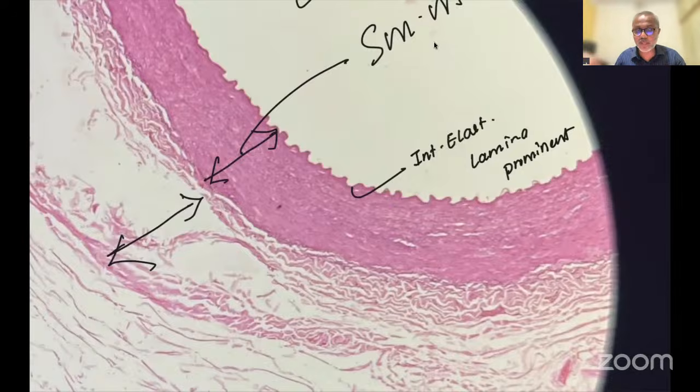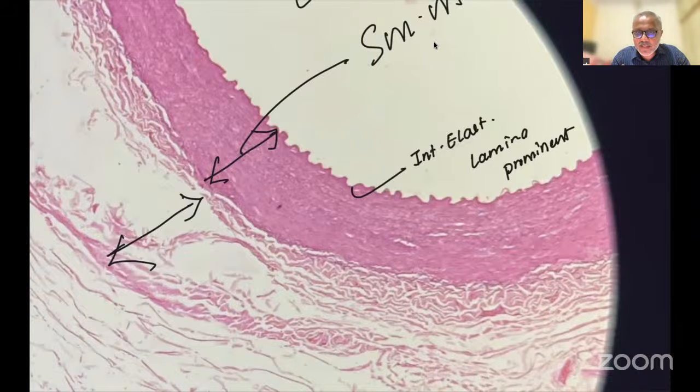Your answer should be, in case of medium sized artery or muscular artery, the internal elastic lamina stands out because the media is made up of smooth muscles, and the elastic fibers in the internal elastic lamina will stand out very distinctly. Whereas in case of large sized artery, the composition of the tunica media and the composition of the internal elastic lamina both are almost the same.